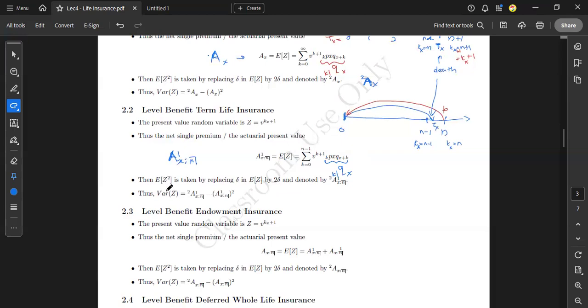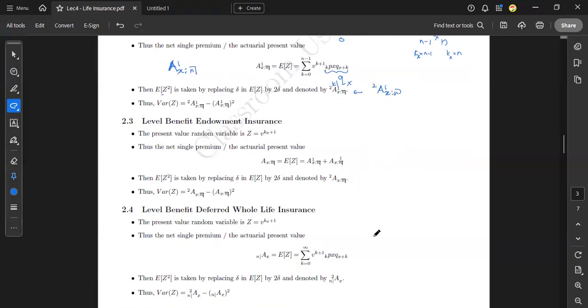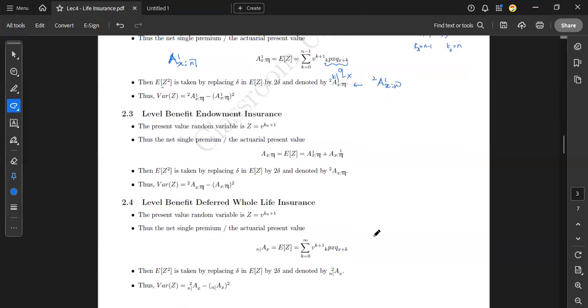For the second moment, again, we replace delta with 2 delta, and we denote it like this: A, x, n, and 2 is there, no bar, because it is annual. And variance is given in this term. So now you can see it's just the conversion from continuous to the discrete scale.